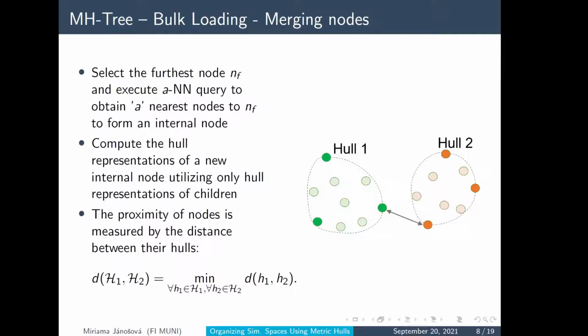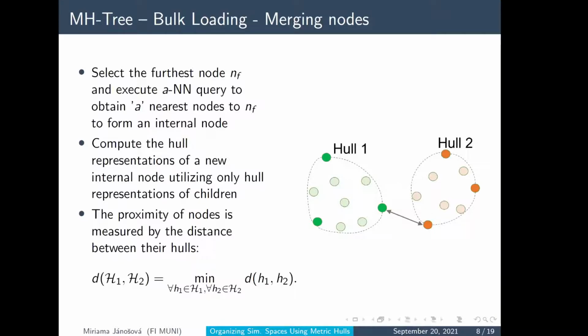First, we select the furthest node NF from the previously established layer and execute a nearest neighbors query to gather the nearest nodes to NF. These nodes form a new internal node. Next, we compute the hull representation of the new node while utilizing only the hull representations of the children.